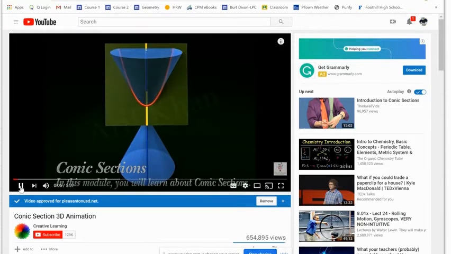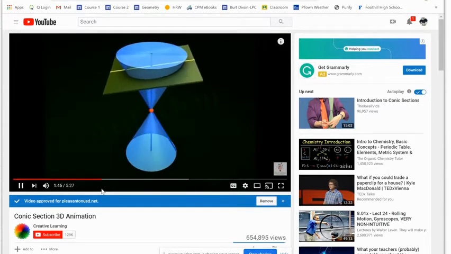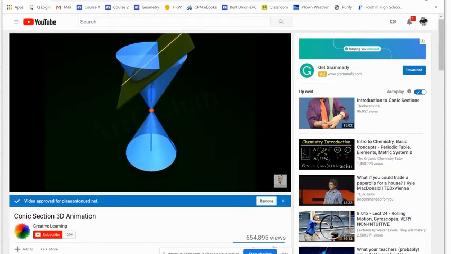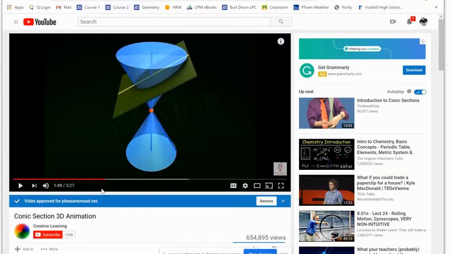So that's the view of the parabola. Now we see if you slice the cone with a tilted plane, it intersects the cone in the shape of an ellipse.